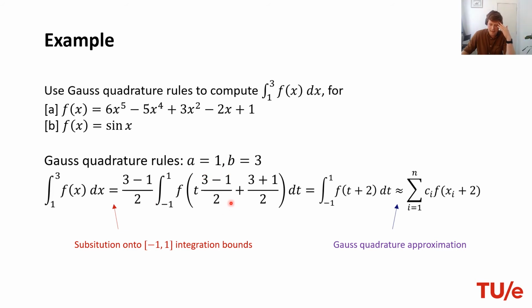Also, the rescaling of t drops out, but we simply have to shift the Gauss points that we would find from the table, which are designed to be between -1 and 1. We just have to shift them to the right by 2, such that they are between 1 and 3. And this is a practical example of how such Gauss points can easily be used for intervals not between -1 and 1. So in this case, we would just have to add 2 to the Gauss points.